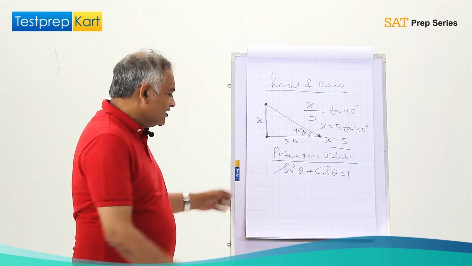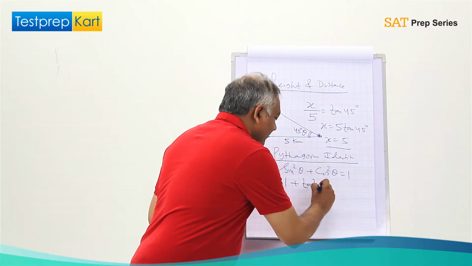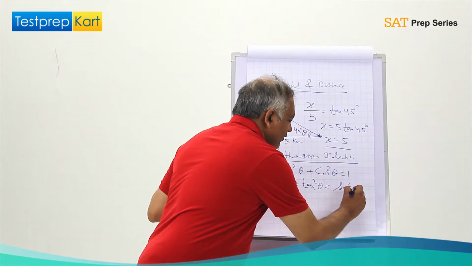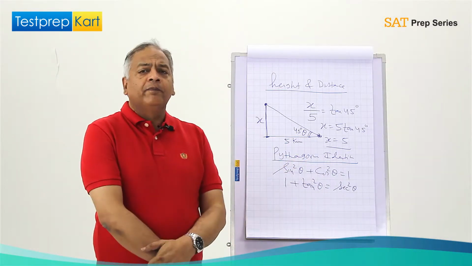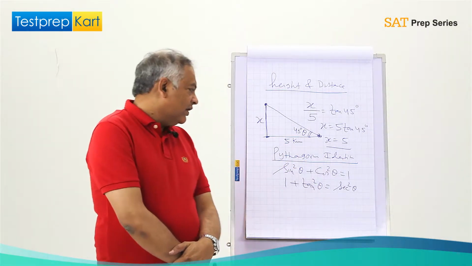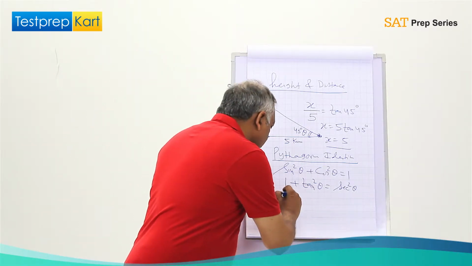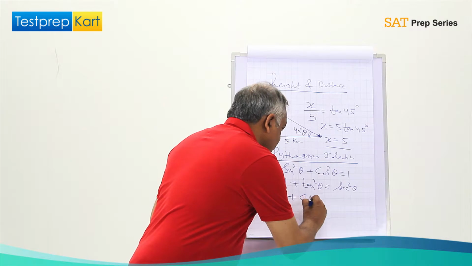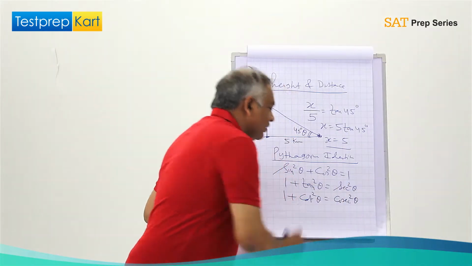That's the first one. The second one is 1 plus tan square theta is equal to sec square theta. That's another identity which is very useful and known as one of the Pythagorean identities. And the last one of these is 1 plus cot square theta is equal to cosec square theta.